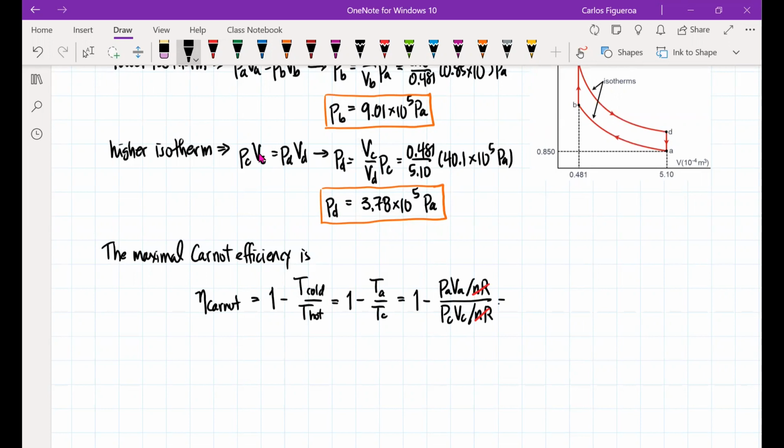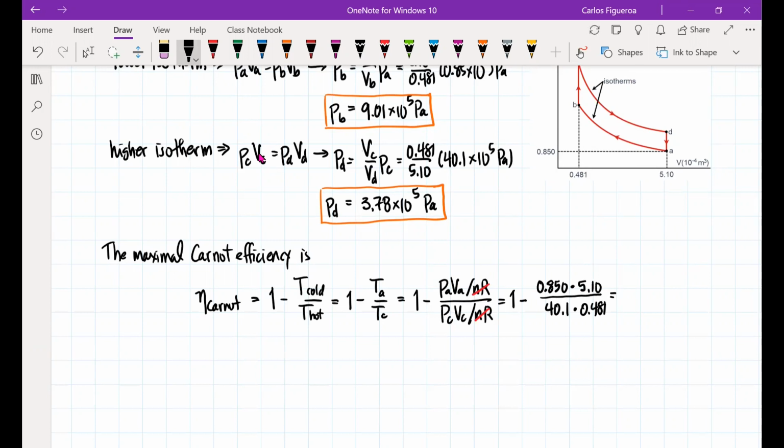So this is going to be 1 minus, and I'm going to drop all the powers because there are powers up and below. So here I go. The pressure of A is 0.850 times the volume, which is 5.10, divided by the pressure of C times its volume, 0.481.